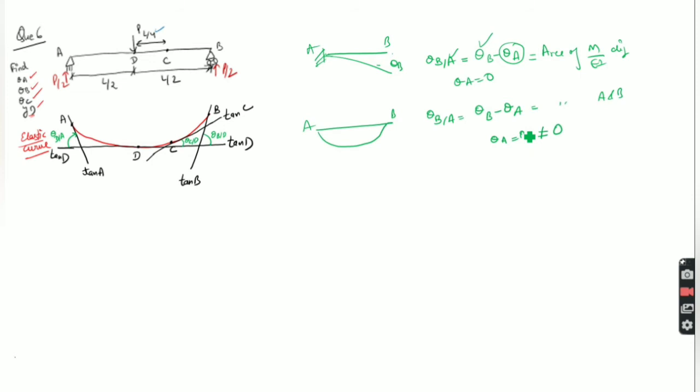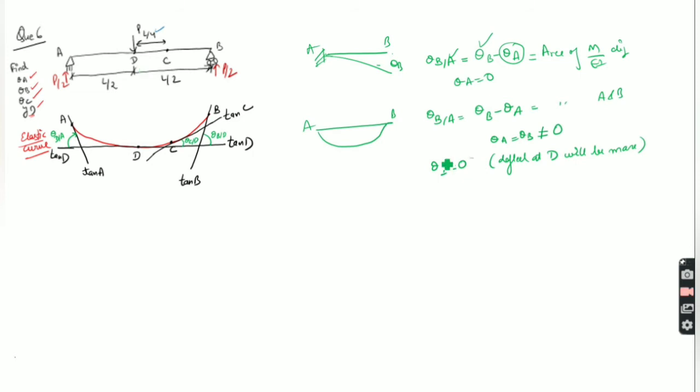So in this whole simply supported beam, we are sure of one thing, that theta D will be 0, because the deflection at D will be maximum. In this case only, because this is a symmetrically loaded beam, the deflection will be maximum at the center, so the slope will be 0.